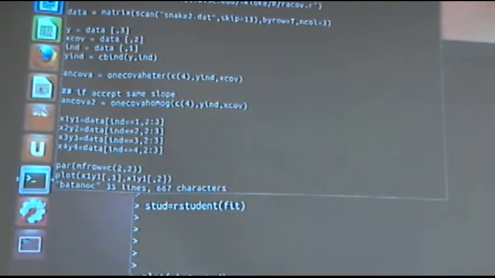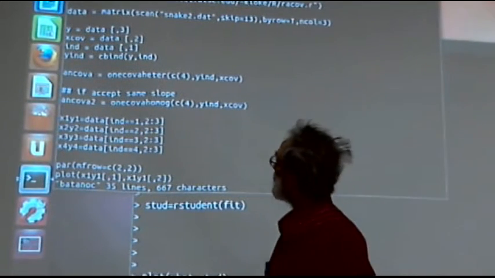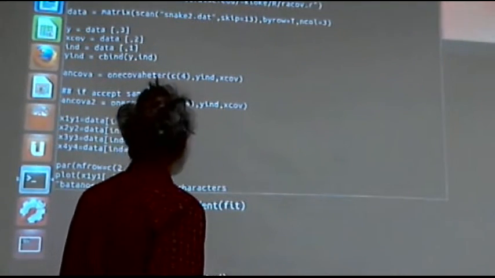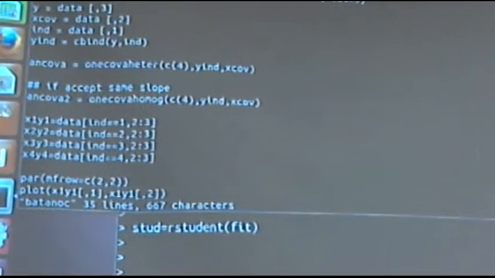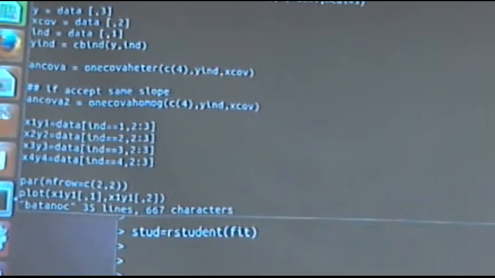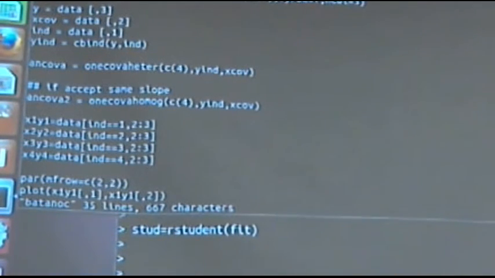So this is the code we've been talking about for the snake data, right? The snake data is in snake 2.0. Let's get the data and talk a little bit about it.